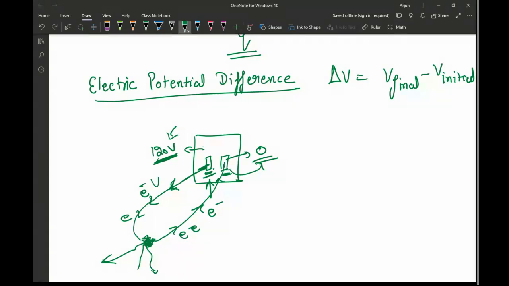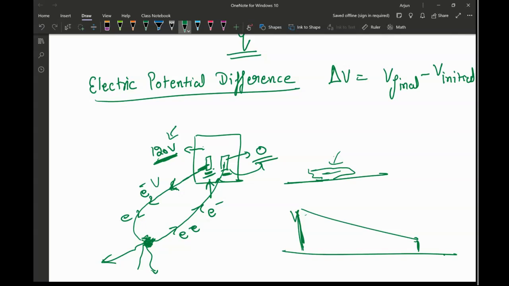It's the same concept as why water flows. If there is a leveled floor and water is spilled on the surface, then the water will stay stagnant. But if I tilt it, then this is a higher voltage and this is a lower voltage, or maybe higher height and lower height, and the water will start flowing in the downward direction.